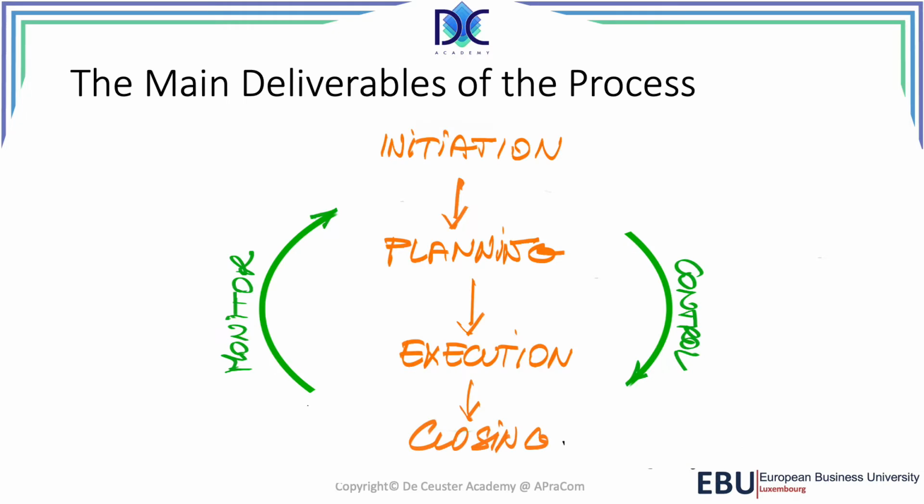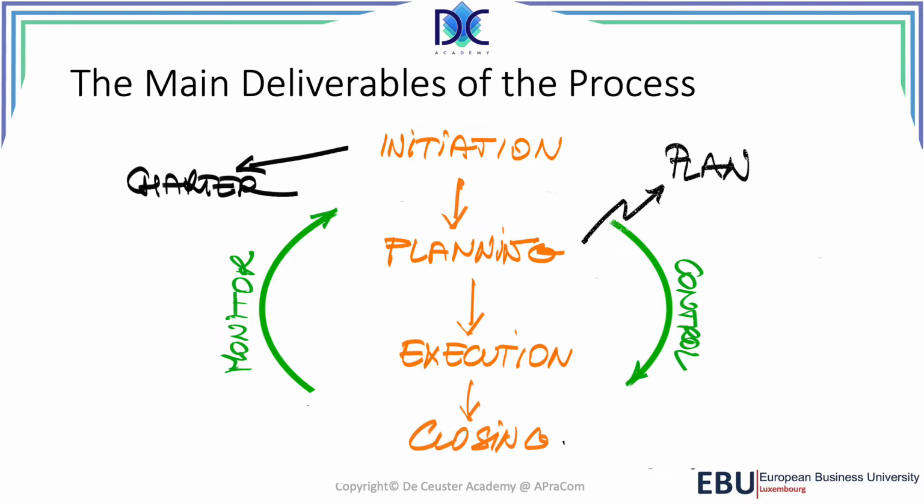Let's have a look at the main deliverables of the process. So we have the classical project management process, which is initiation, planning, execution, closing, and of course we have monitor and control here. The first thing is with initiation, we have the charter. So the initiation step is basically about creating the charter and identifying, let's say, the key stakeholders.